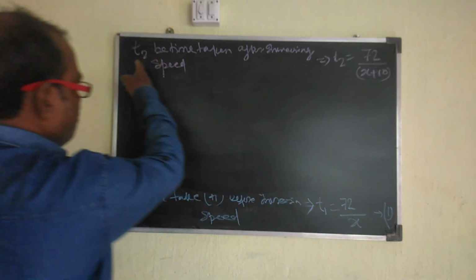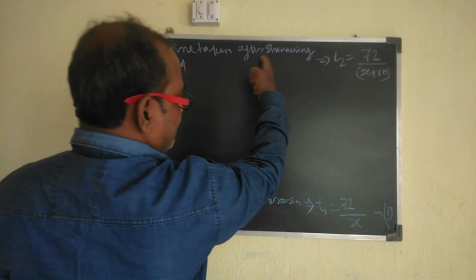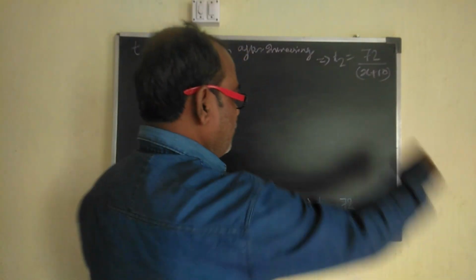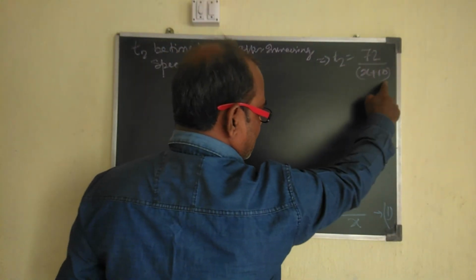And time t2 is taken after increasing the speed. The speed has increased by 10 km per hour, so we get t2 equals 72 by x plus 10.